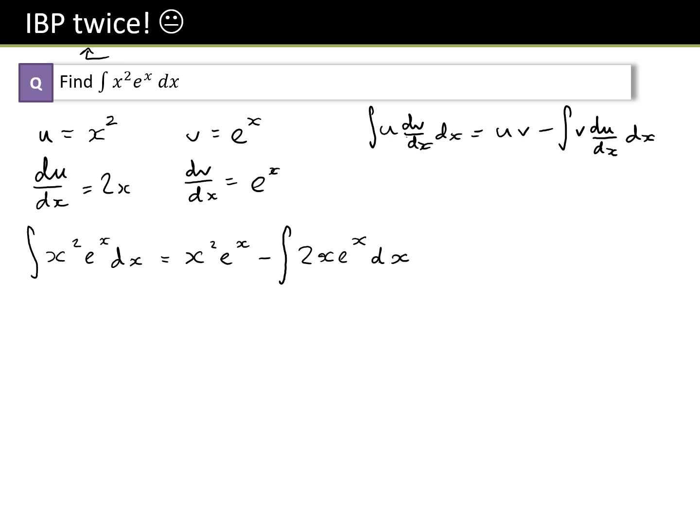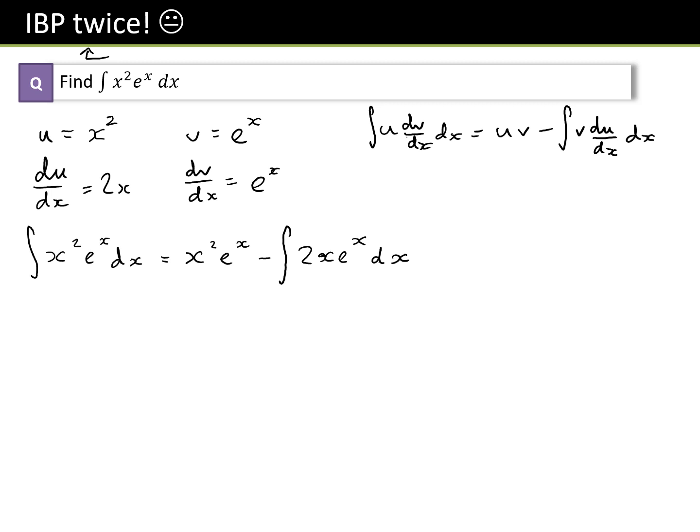I'm going to straighten that x up, there you go. Okay, so we've gone from having an integral with an x squared to an integral with an x. So it's done something, it's made it slightly nicer. It's gone from a quadratic to a linear x. However, as it says, we need to actually do integration by parts twice.